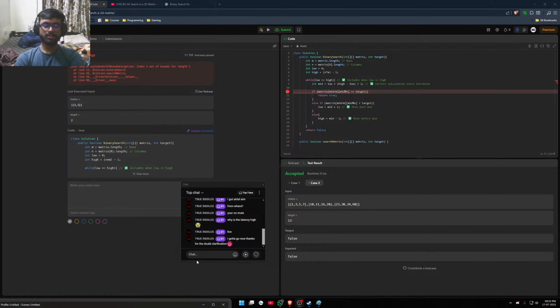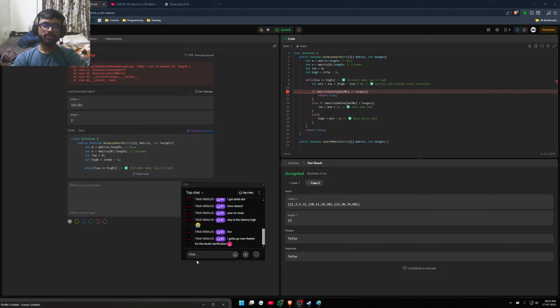So middle will be 0, high will be 1 and low will be 0. Now it's not equal to target, because target is 2. We don't even have a 2 here.